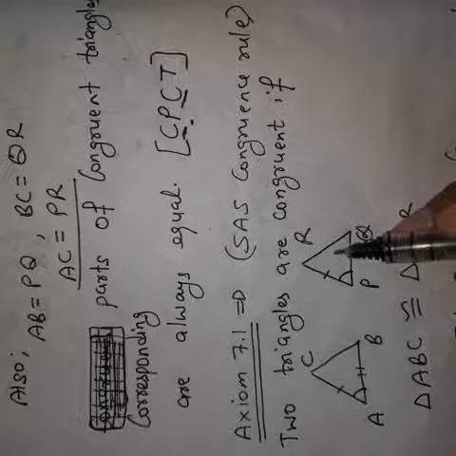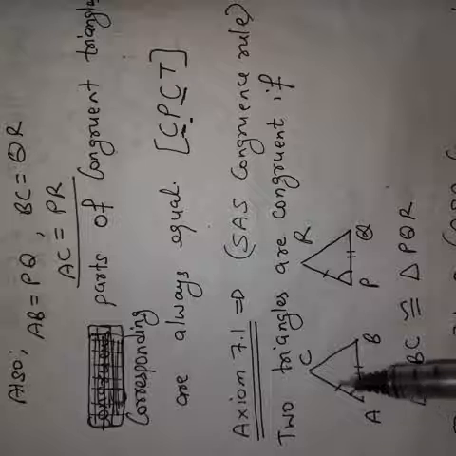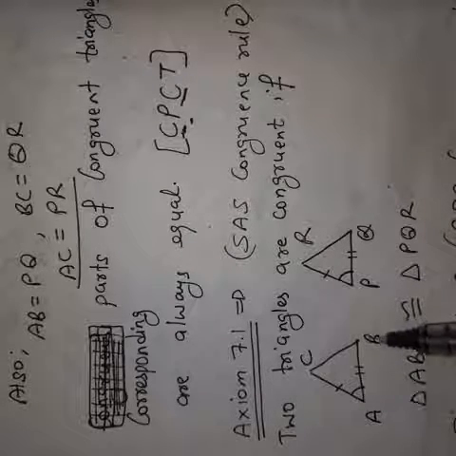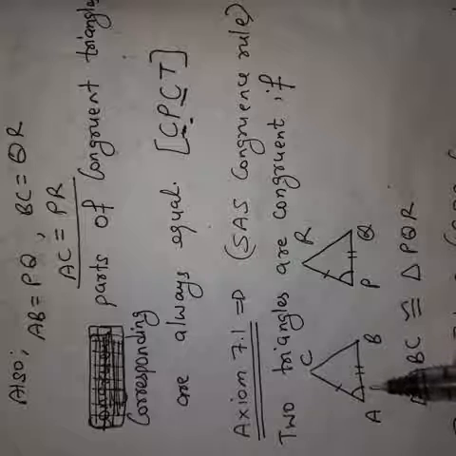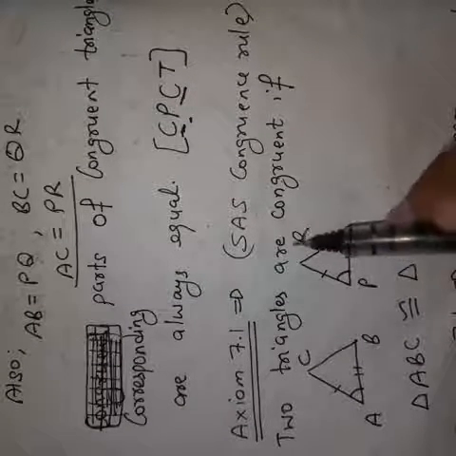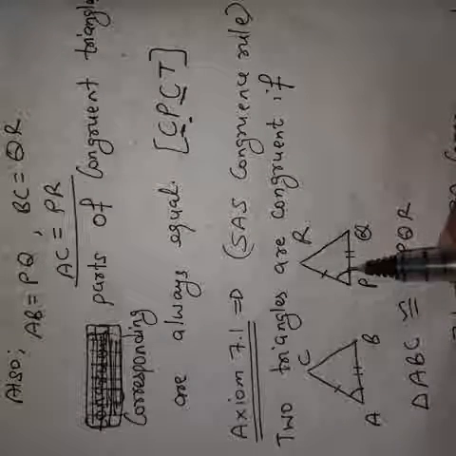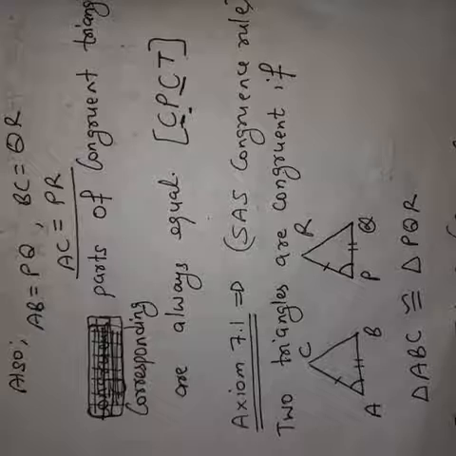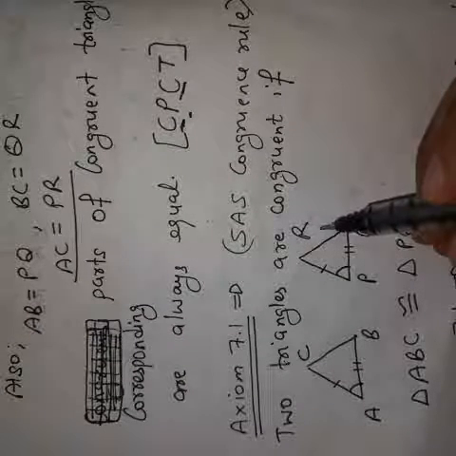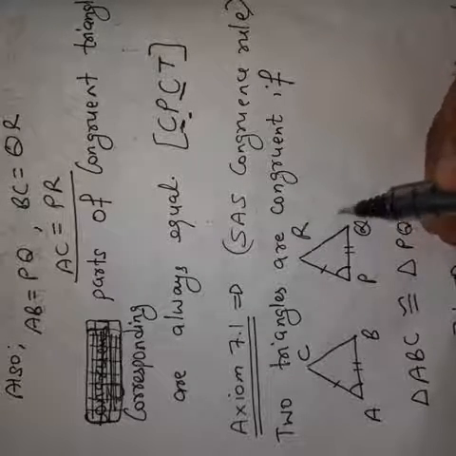Okay, if any of two sides in this triangle ABC, AC and AB, and angle between these two sides only is equal to another triangle and its two sides and angle between them. अगर किन्हीं भी दो ट्रायंगल्स में हमें कॉन्ग्रुएंसी प्रूव करनी है, then we need not to prove all three angles equal and all three sides.